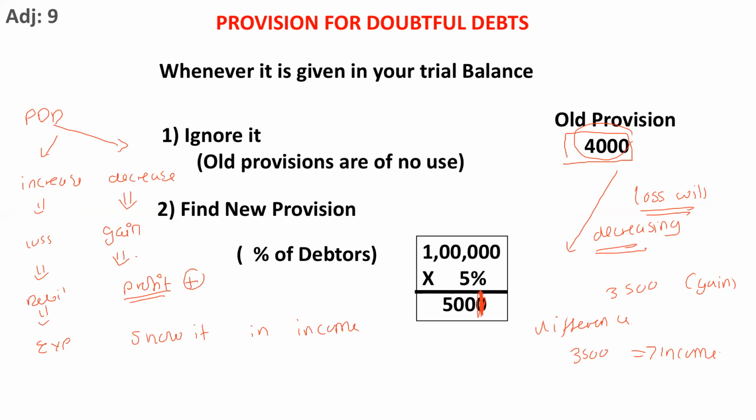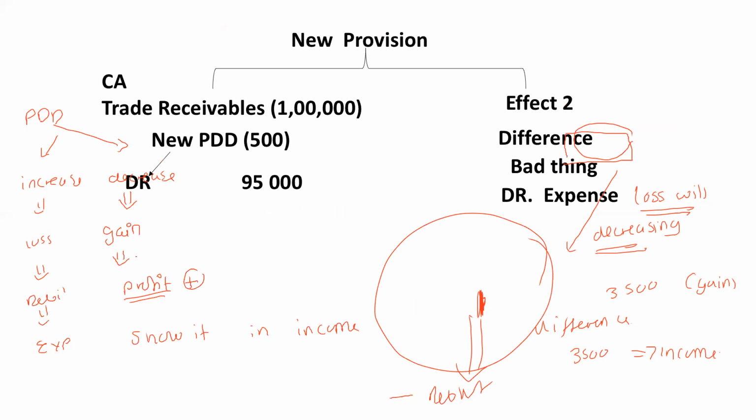However, whatever new provision you create, that will be subtracted from debtors. Okay? Am I very clear? So, the new provision, in the current assets from the trade receivables, you will subtract the new provision, whatever amount. And second effect, you will always compare the old with new.